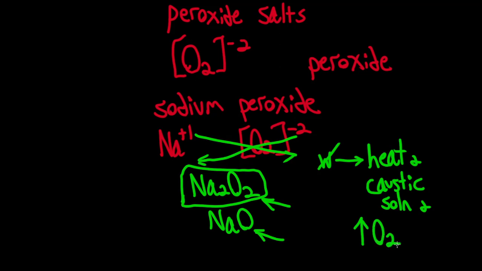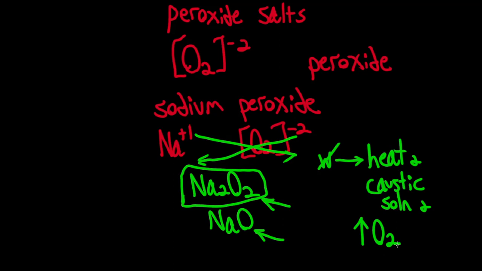Which normally, when my oxygen increases in the atmosphere, that means I am more likely to intensify combustion if I have something on fire. So if I respond to an incident and I have something on fire and an open container of sodium peroxide next to it, I really don't want to lob water on the sodium peroxide, because I'm going to create heat and caustic solution, and I'm going to release that oxygen, which is just going to intensify that fire.